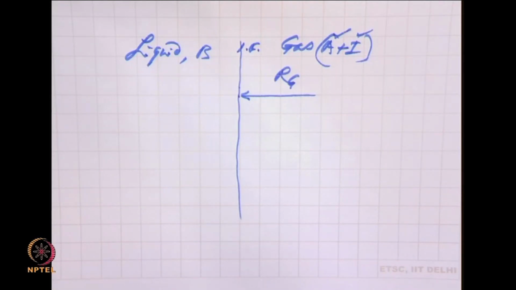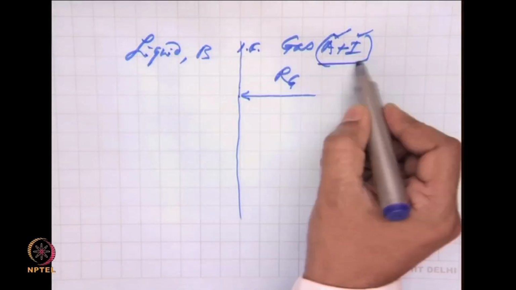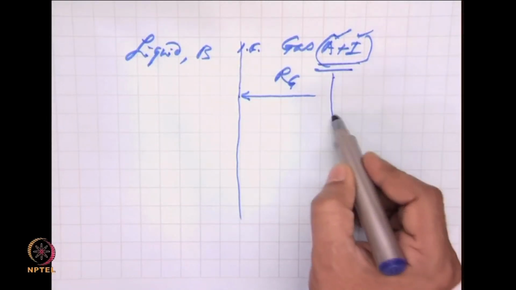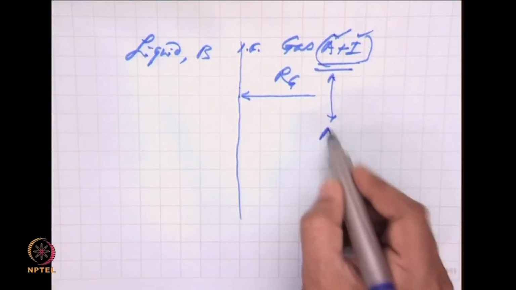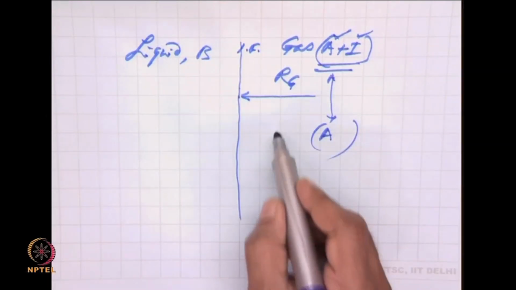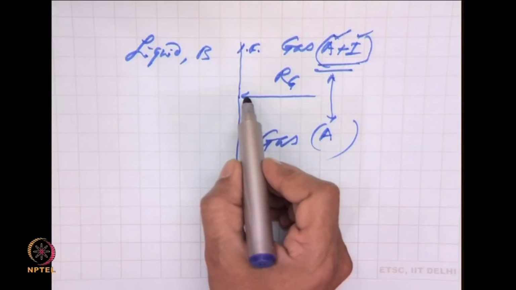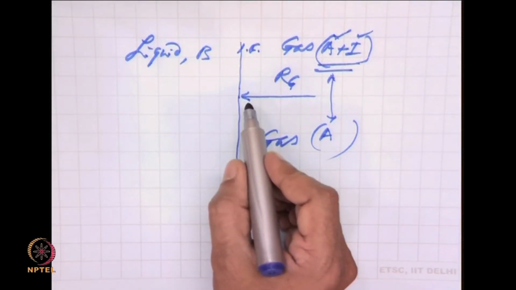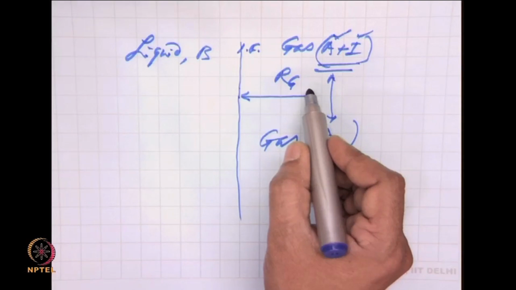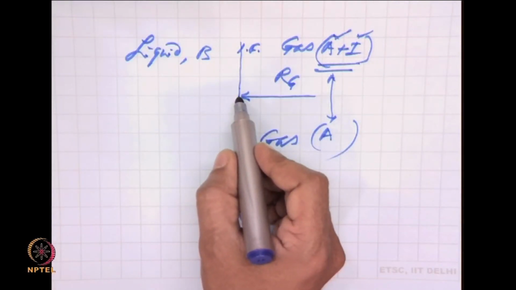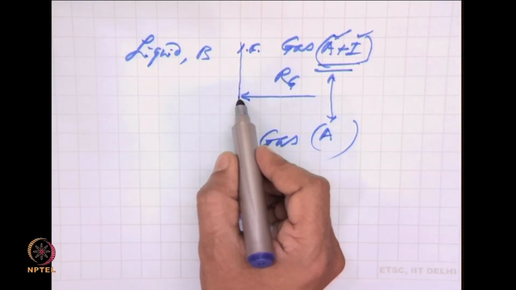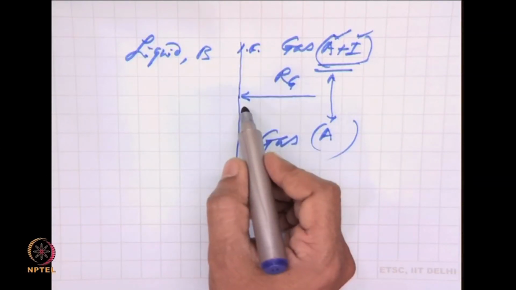Now, let us think of a slightly different situation. Supposing instead of the mixture, we go to a situation where we have only pure A, the gas is only pure A. Now, the resistance that A molecules will have in reaching up to the interface will be the collisional barrier of molecules of the same kind.